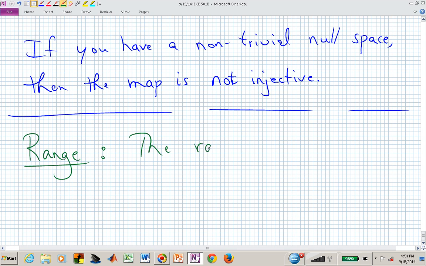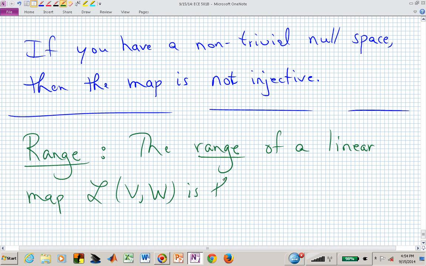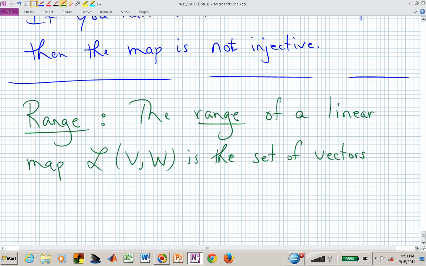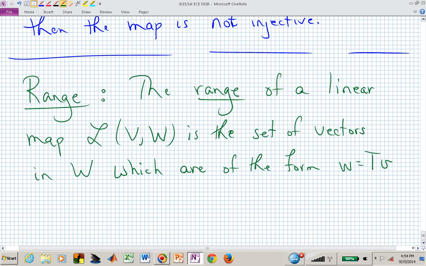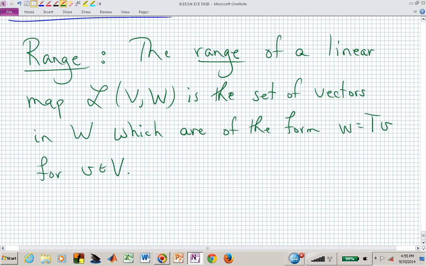The range of a linear map in L(V, W) is the set of vectors in W which are of the form W is equal to T(V) for any vector V in capital V. That's the range of a linear map.